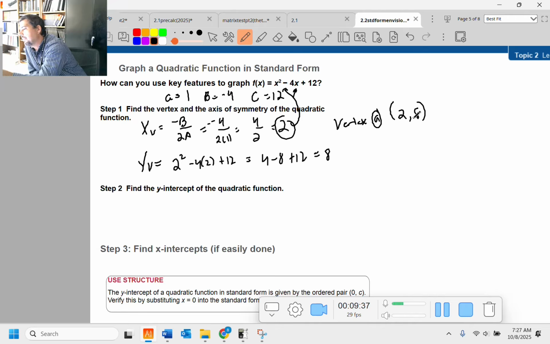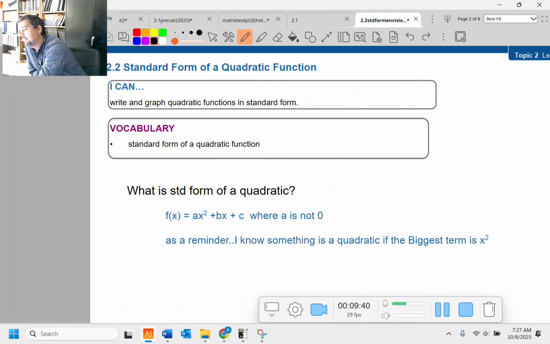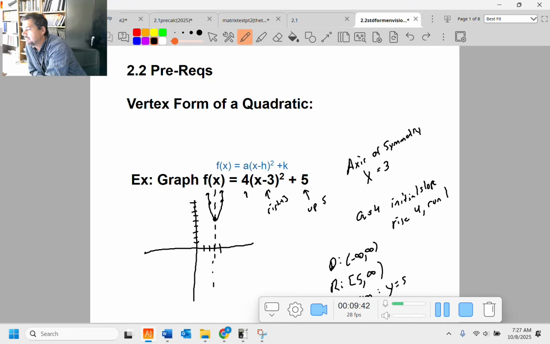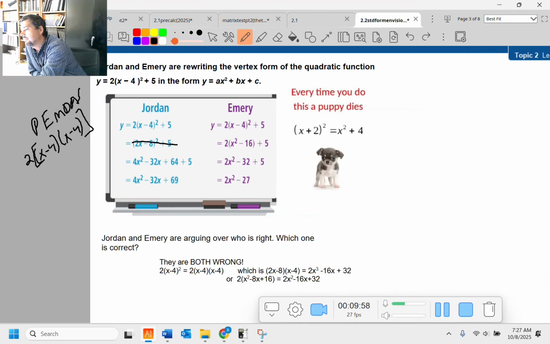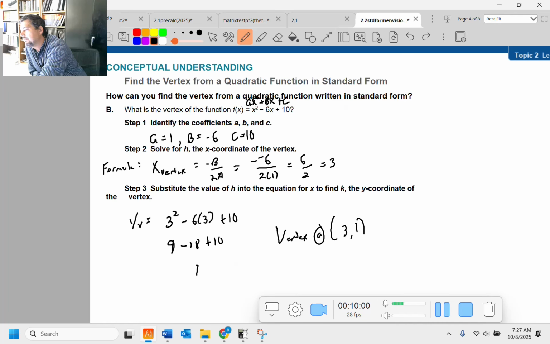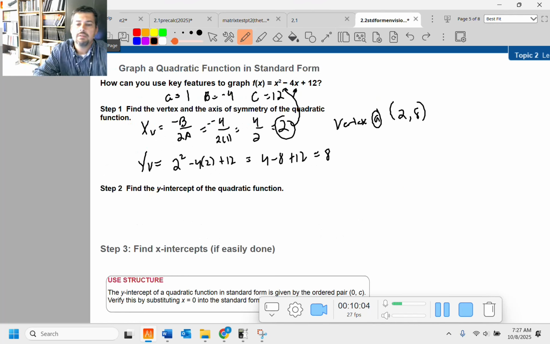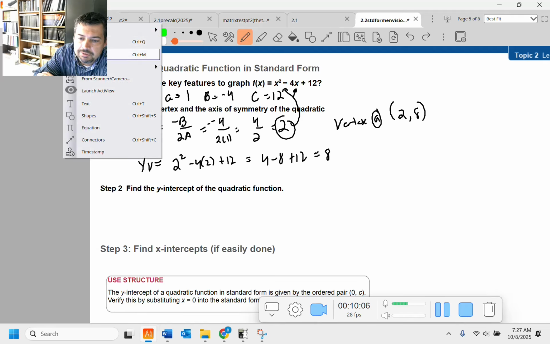Now, let me jump back to where I did this guy. See how my vertex here is at 3, 5? Axis of symmetry is at x equals 3. It's the x-coordinate of the vertex. We'll make a little note here. Let me type that so you can read it, right?